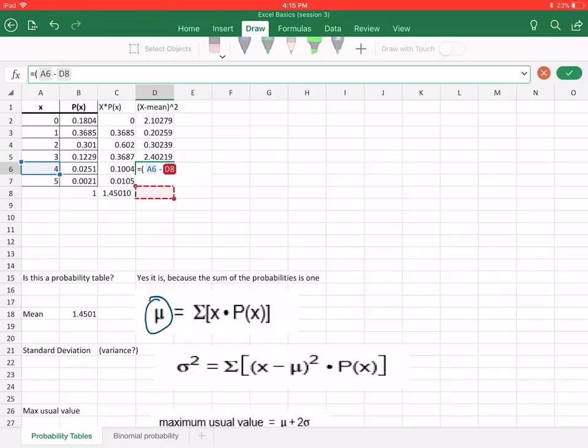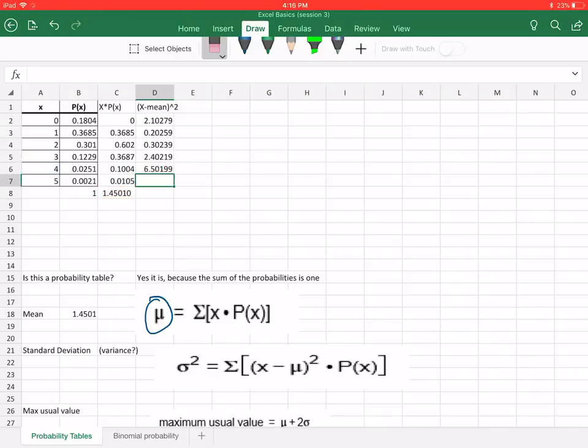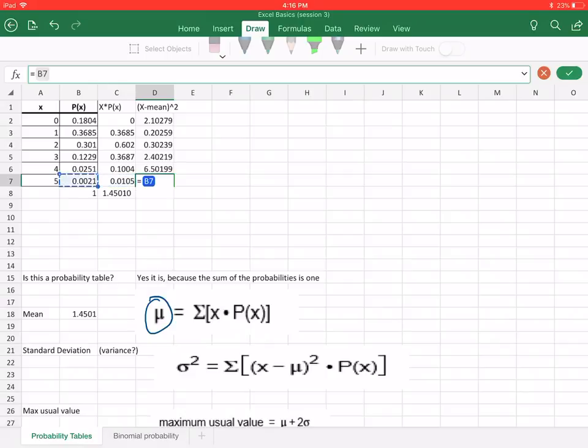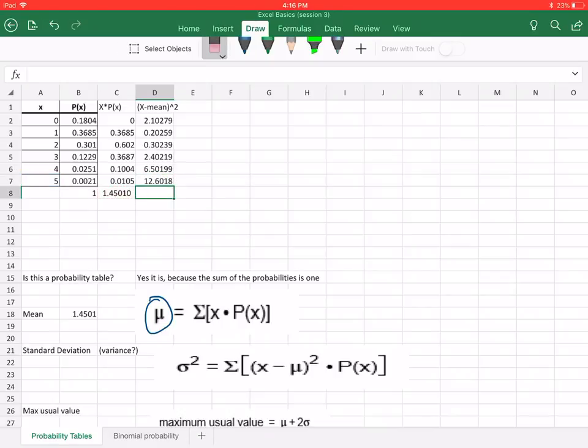And don't forget that you need the equal sign first, or it's not going to do anything. It'll just come up as a straight line of text. X minus the mean squared.